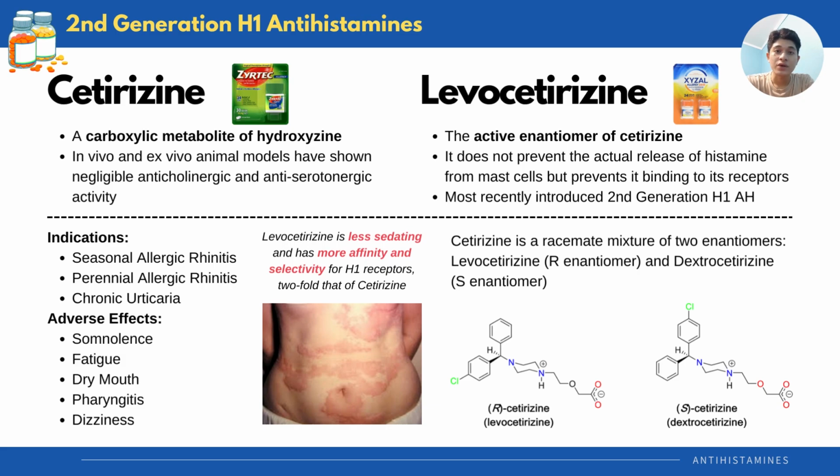The distomer, on the other hand, is the S enantiomer, which may have undesired bioactivity or may be bioinert. Although levocetirizine is a newly introduced antihistamine, it has significantly improved nasal congestion, nasal itching, sneezing, eye itching, and eye redness.